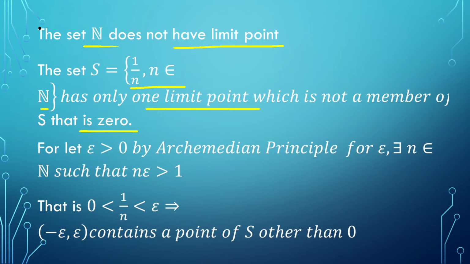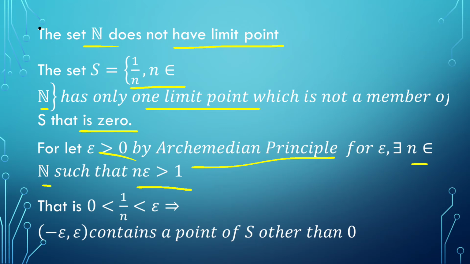For a given positive epsilon, we use what is called the Archimedean principle. For a given epsilon, there exists a natural number n, which depends on epsilon, which is greater than 1 over epsilon. So that's the idea of the Archimedean principle.